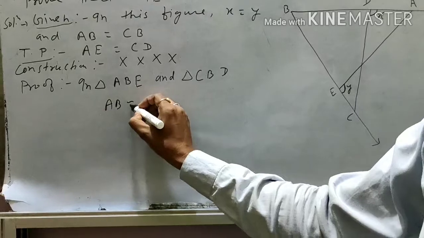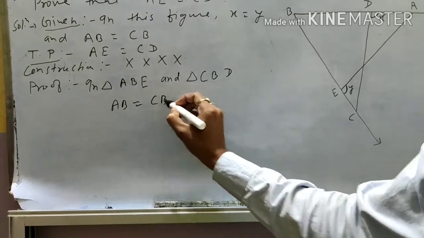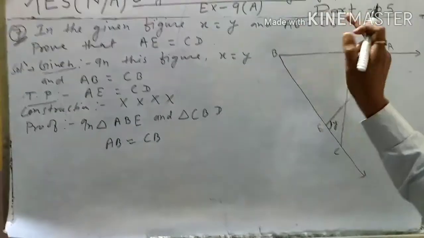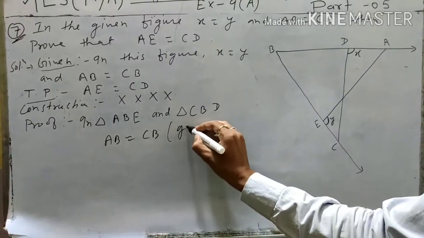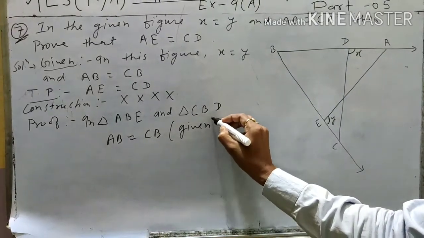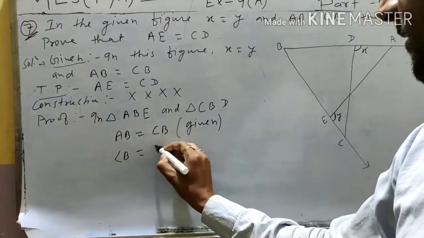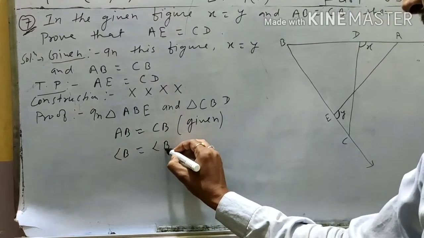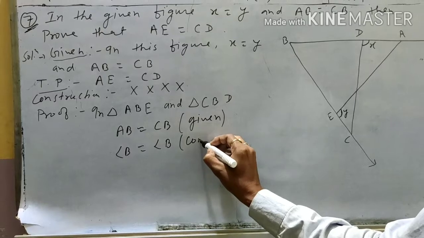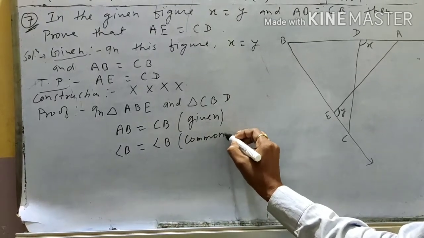In these two triangles, AB is equal to CD. This information is given, the first given thing. Angle B is equal to angle B in both triangles, common angle.